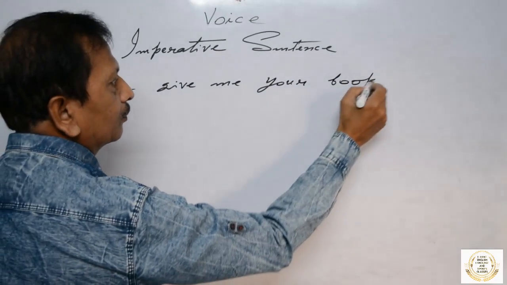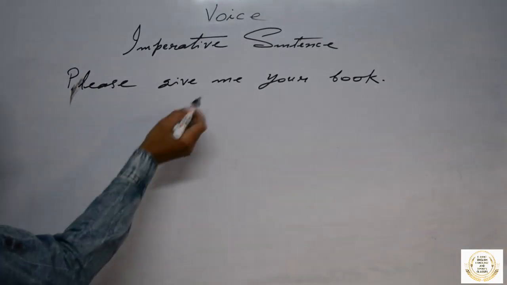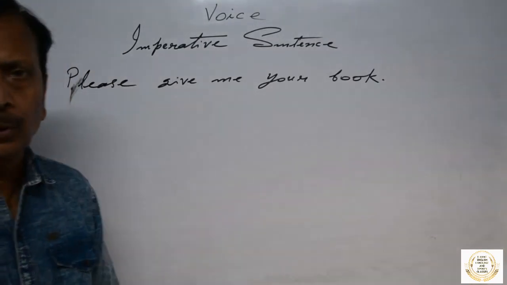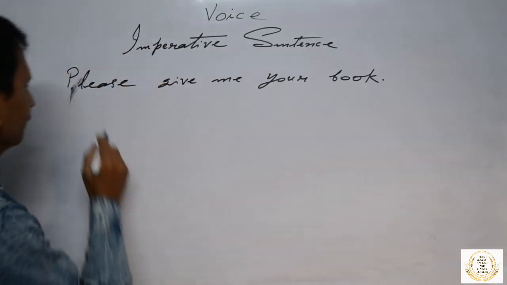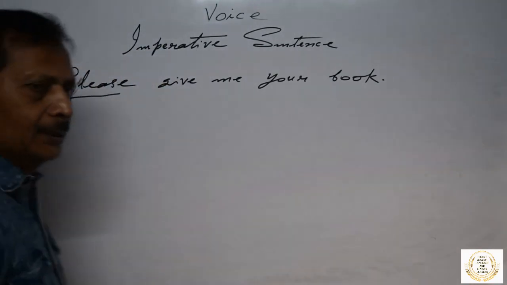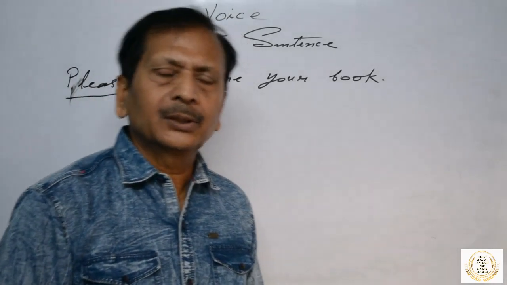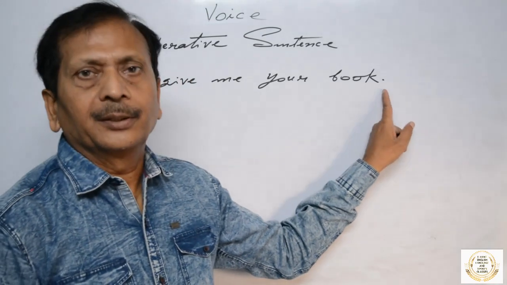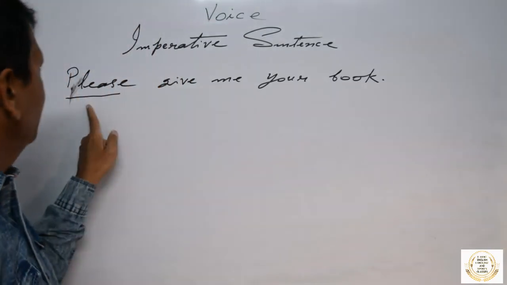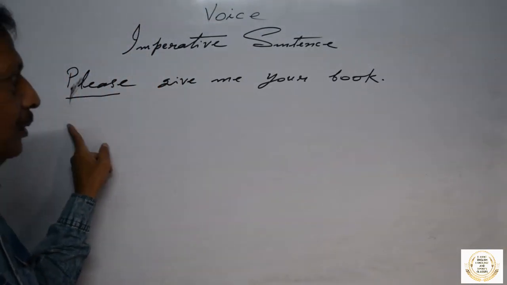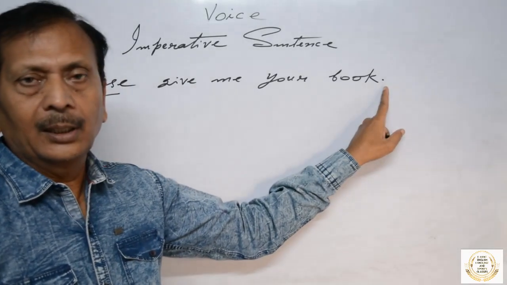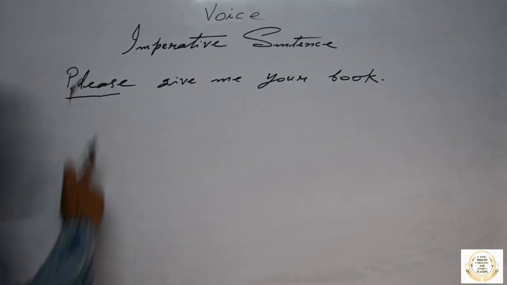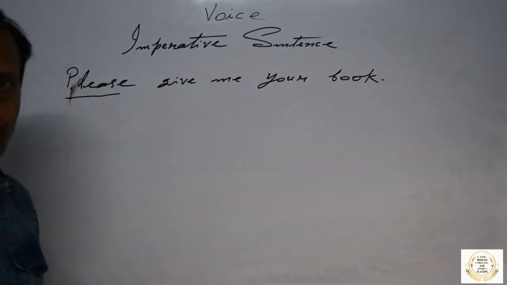Okay. This is an imperative sentence. Sometimes an imperative sentence begins with please or kindly. The word please either appears at the beginning of the sentence or goes at the end. You can use please or kindly here in the beginning, or you can write it at the end of the sentence. So this word gives the idea of request.